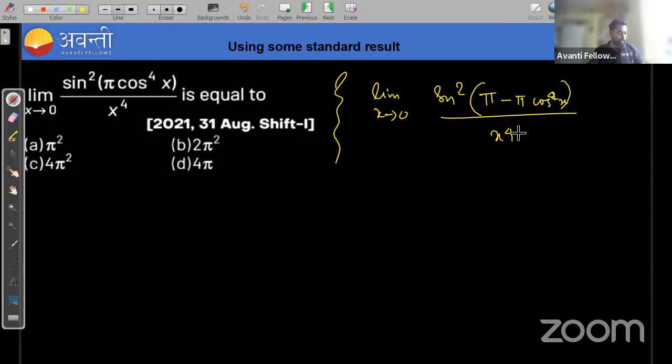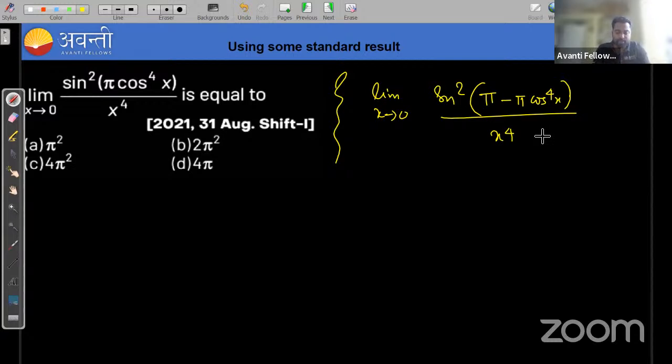Tell me, everyone. Can I write this as sine square pi minus pi cos to the power 4x? Can I write this or not? Everyone tell me, by using the trigonometric identity, can I write this, guys? Yes or no?